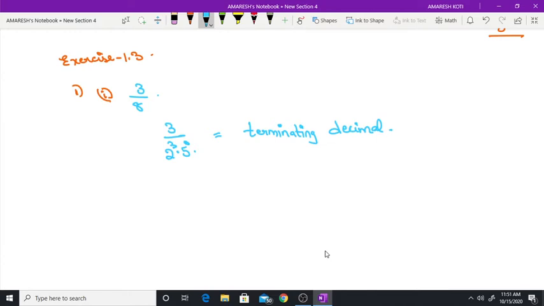And let's do the second sum. Second sum is 229 by 400. So let us see whether 400 can be written in the form of 2 power m into 5 power n or not. Do prime factorization for 400.